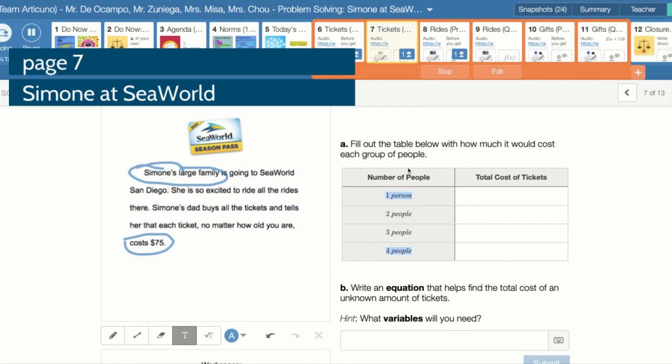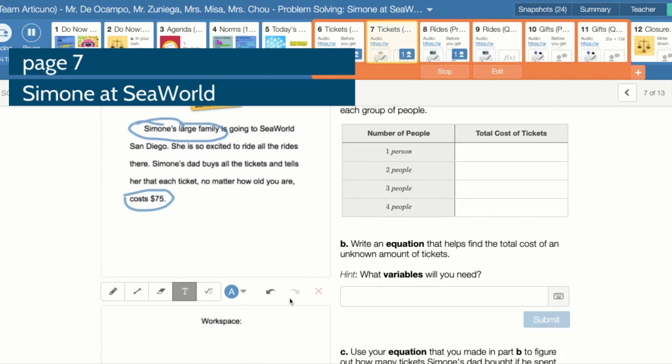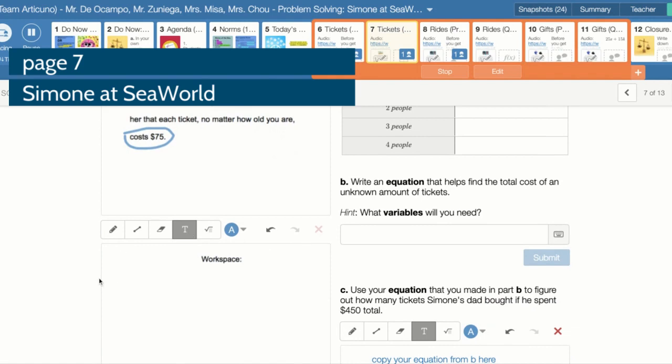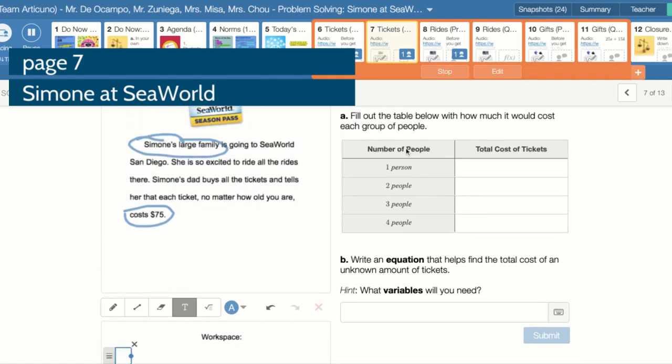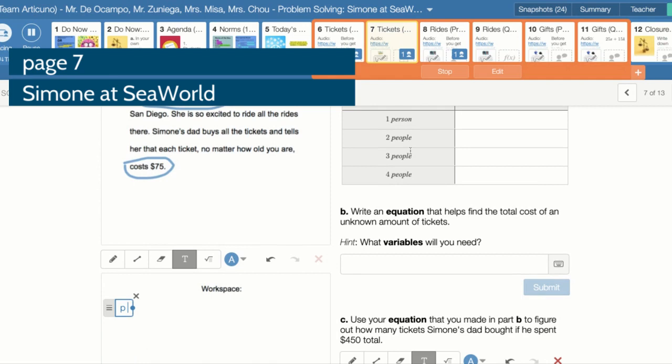We don't know how many people are buying the tickets. We don't know if it's 4 people. We don't know if it's 2. We don't know if it's 10 people. Okay. So one of the things that I would put in my workspace is, well, it says here number of people, and I'm going to use the letter P because P is the first letter in people. Okay, so I'm gonna say P equals the number of people buying tickets.